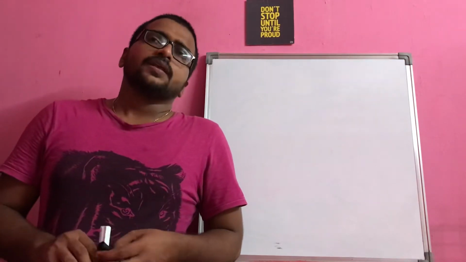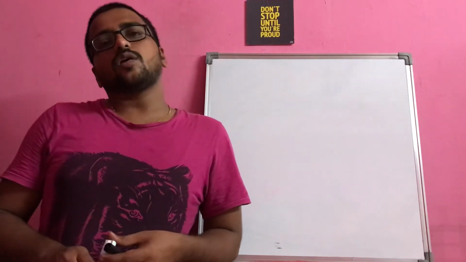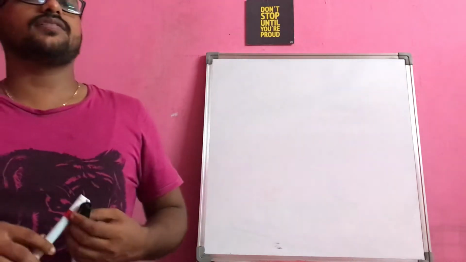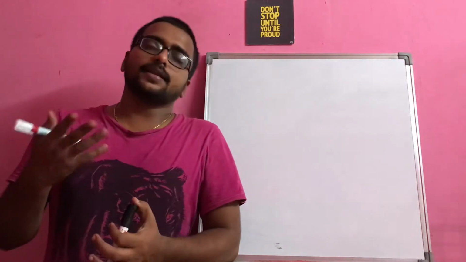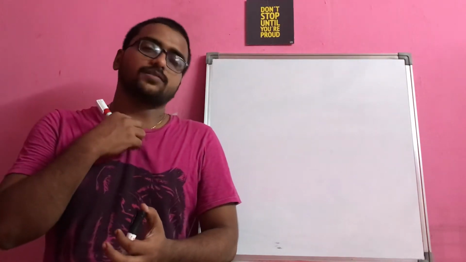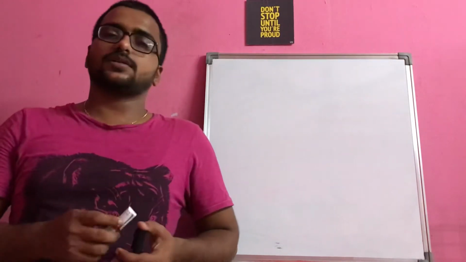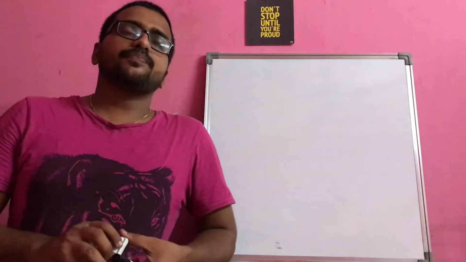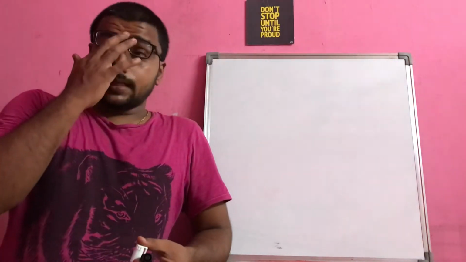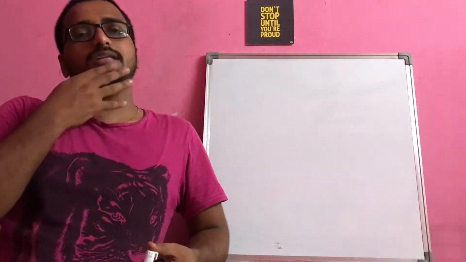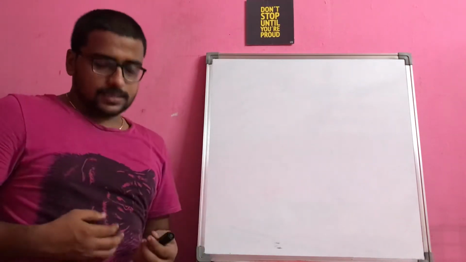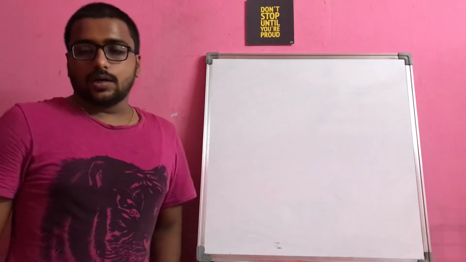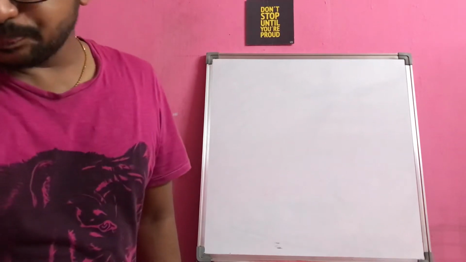So don't think that we will always get equations in a very direct way. Sometimes you may get them in the form of something like 1 by x, 1 by y, as we discussed in the last class word problem. According to the question, you have to choose the procedure, right? So let us start now with some more word problems.